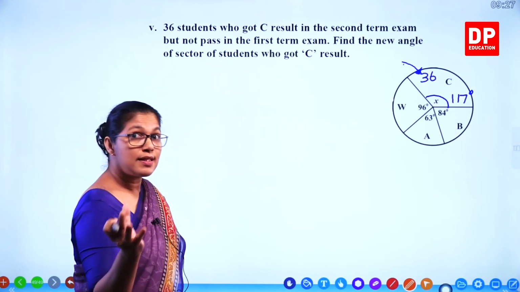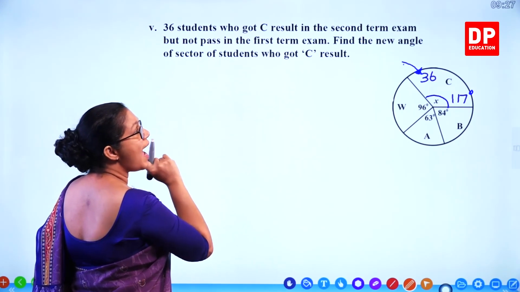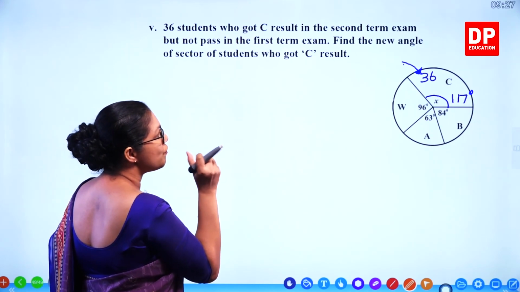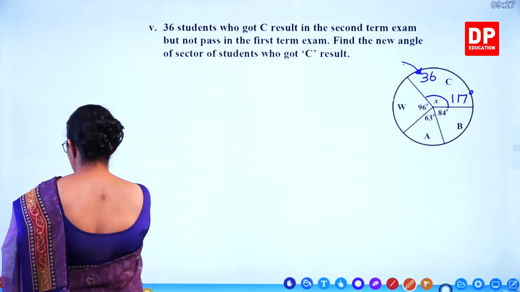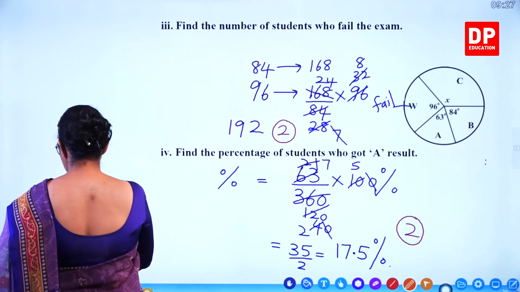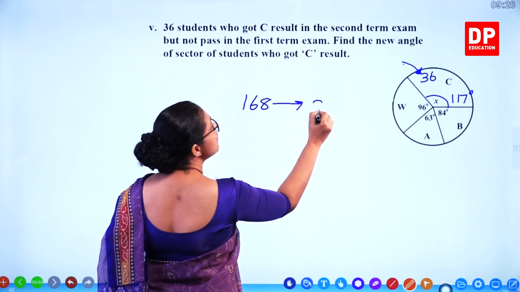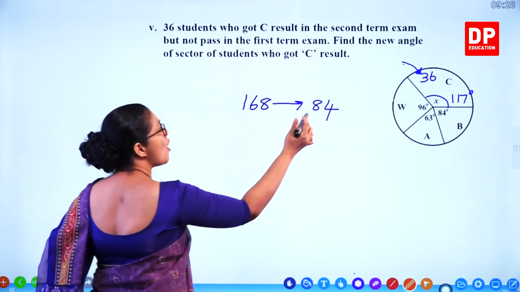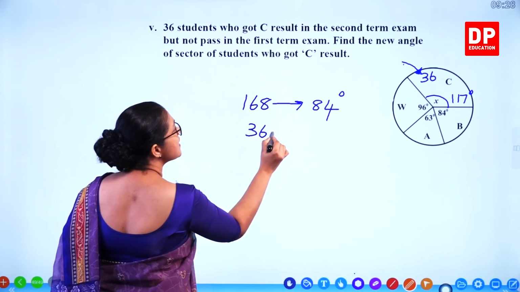Now we need to find out the new angle. So 36 students now pass the exam. So what's the angle for 36? We need to find out for 36. Now we can use the same thing. 84 means 168. 168 is 84. We have to do it the other way around. This is the angle. Then what about 36?